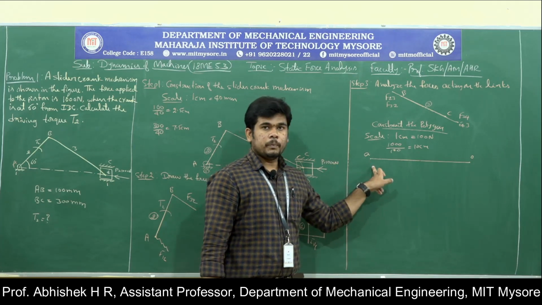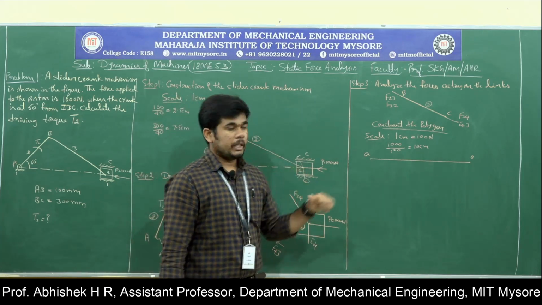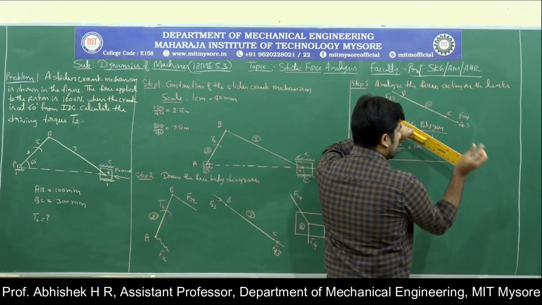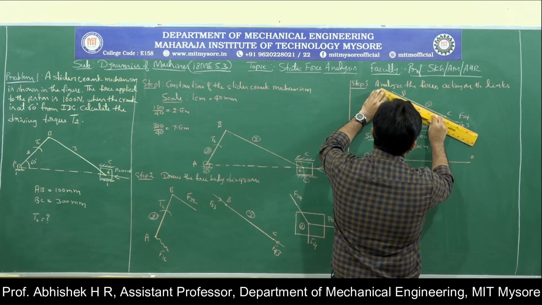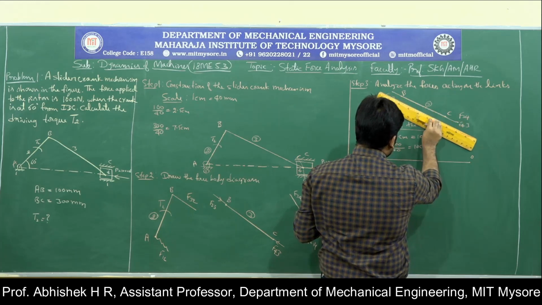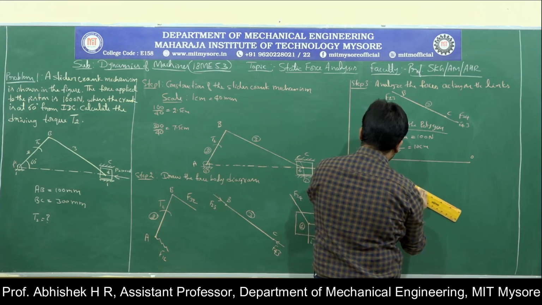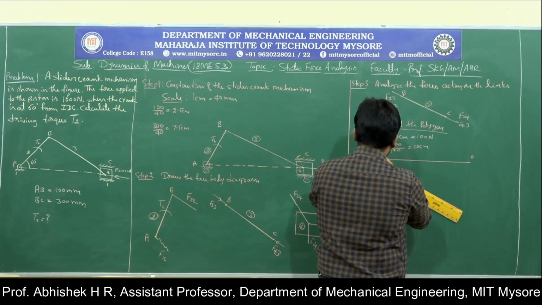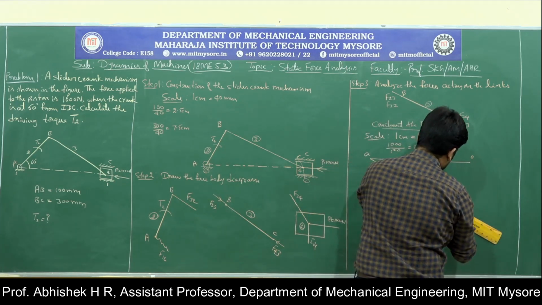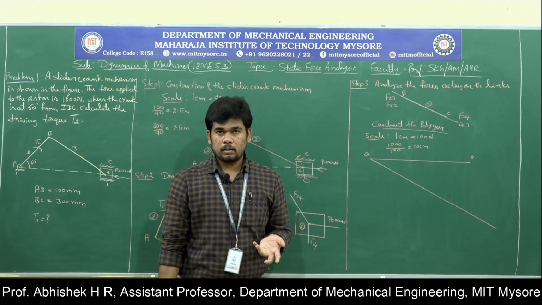Now from A we should draw a straight line parallel to the exact BC line. In your notebook, put your scale on the BC that you constructed in the slider crank mechanism, and move your scale to the point A. Just draw a straight line, because we don't know the exact value.